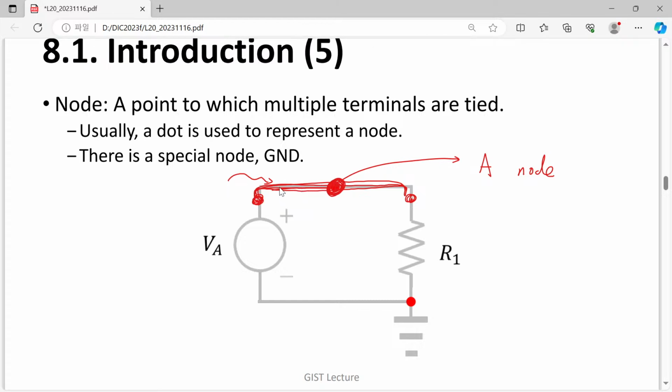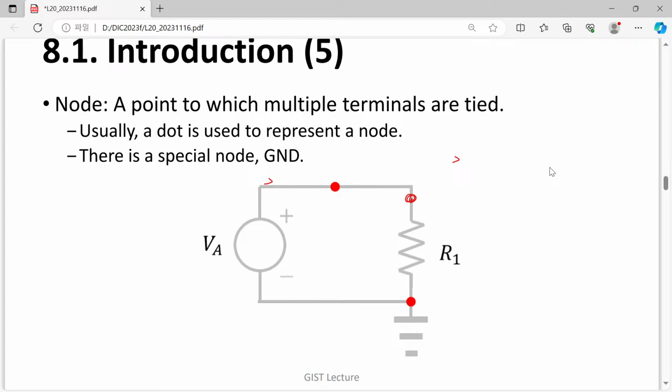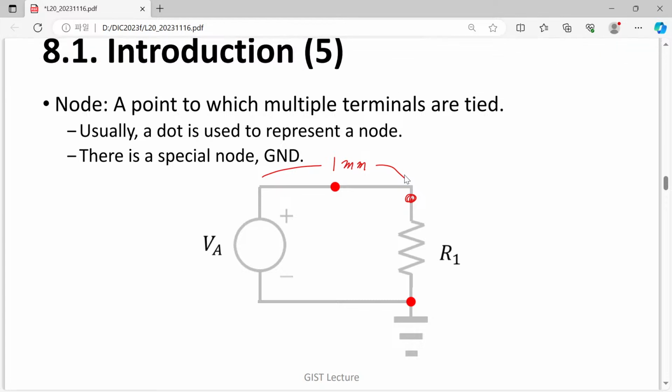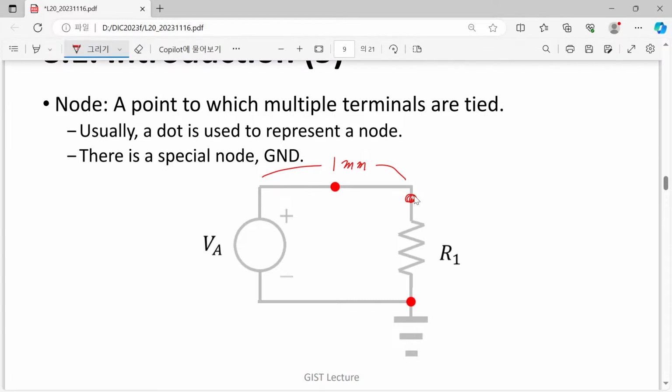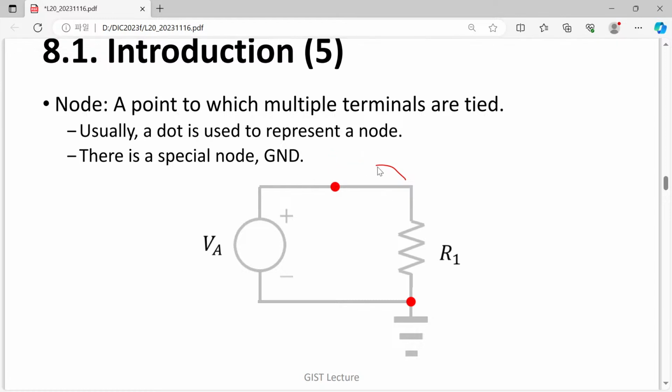And yes, so for example, say once again, although we have a resistor and voltage source, let's say that their physical distance is 1 millimeter. Then in this case, I think that this is not a good representation for our circuit.